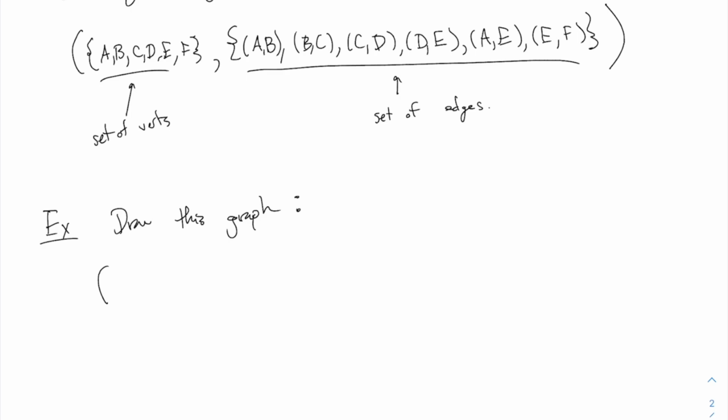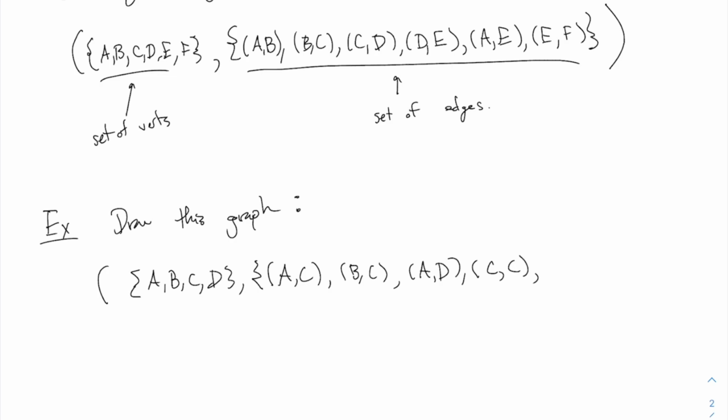And I will describe to you the graph in its formal description is the set A, B, C, D, followed by the set AC, BC, AD, CC, BD.